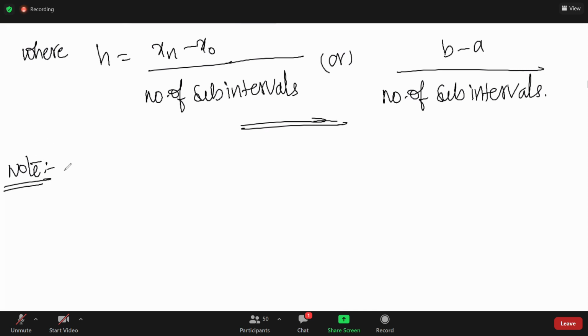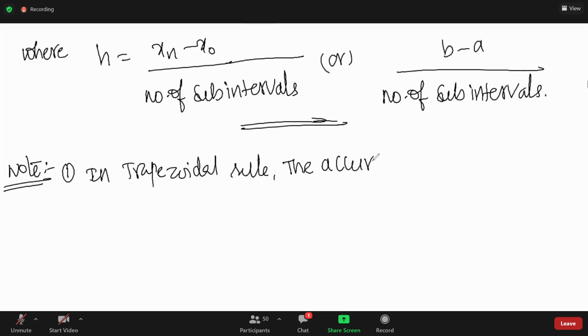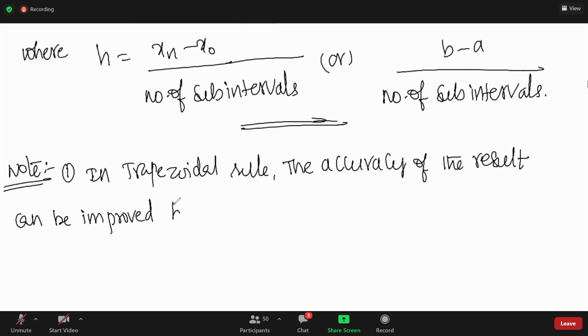Note, in the trapezoidal rule, the accuracy of the result can be improved by increasing the number of intervals.